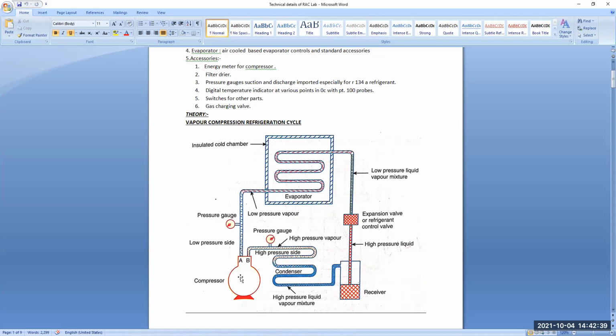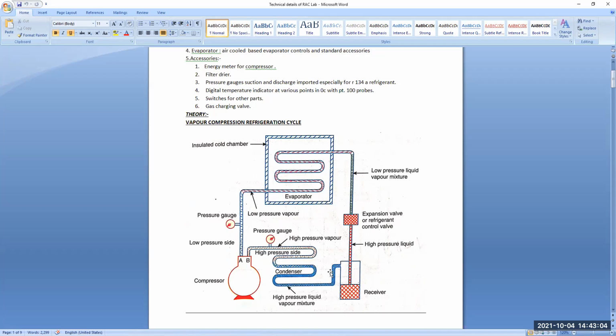The compressor compresses the vaporized refrigerant to high pressure, and it goes to the condenser, where the vapor rejects some of its heat to the outside atmosphere and is converted to liquid refrigerant inside the condenser itself.